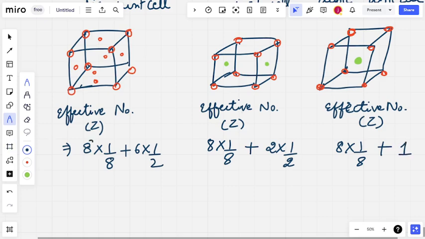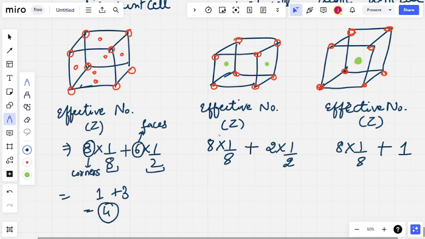These are the 8 constituent particles present at the corners, and each one is having a contribution of 1 by 8. 6 constituent particles are at the faces. Each one is having the contribution of 1 by 2. So we have a total of 4 as the effective number Z.